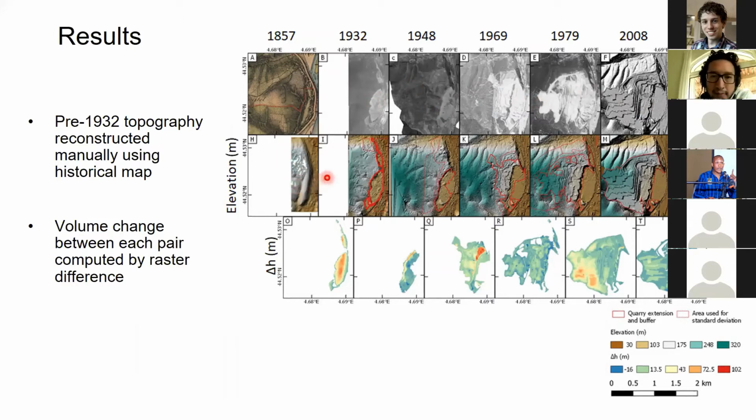The elevation model is on the second row, and the difference between subsequent pairs is on the third row. This is what is of interest to us: how much the terrain elevation has changed through the years since 1857. And from these changes, we accumulate this and compute the volume that was extracted from the quarry.